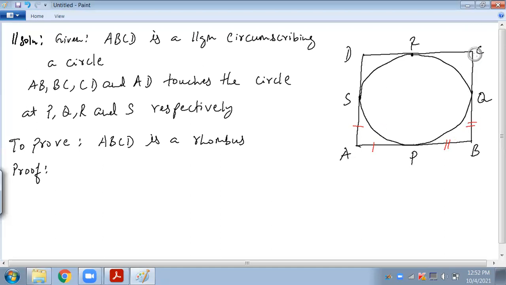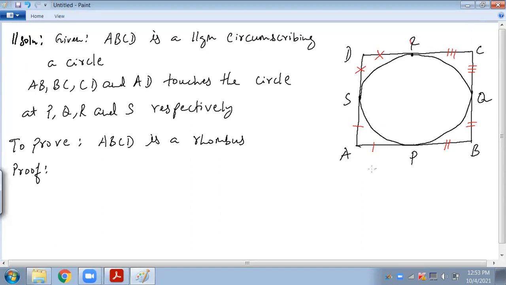Same way, CQ and CR are tangents from the same external point C. So they will be equal. Again, DR and DS are two tangents from the same external point D. So DR and DS will be equal.